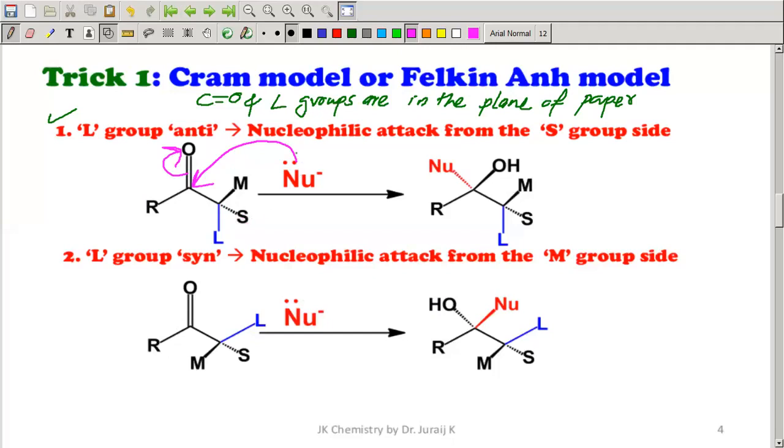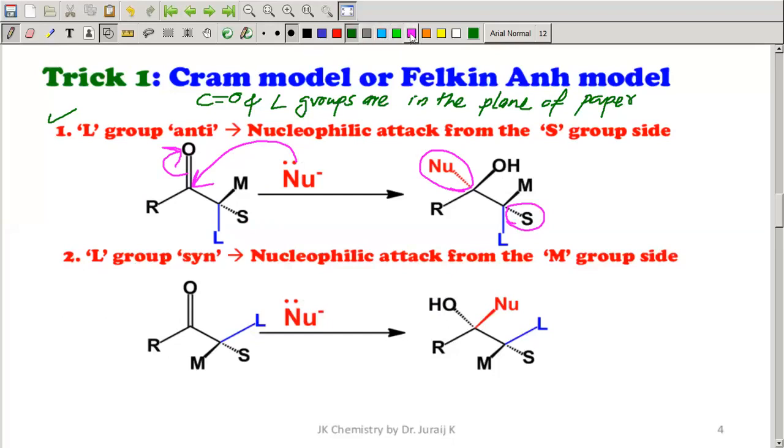So your nucleophile can attack via the bottom face. Your nucleophile should be in dash as in the case of the small group. Got it? Okay. Now this O minus becomes protonated, it becomes OH.